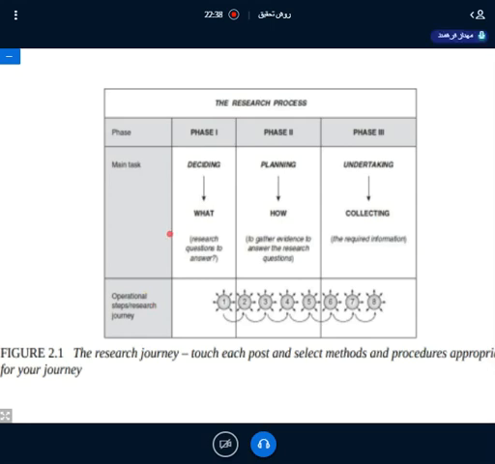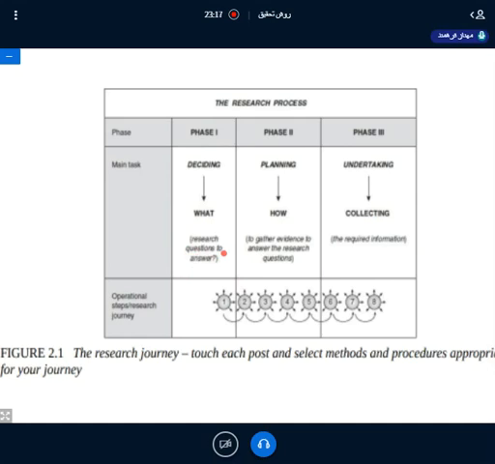The main task: deciding what. So in the deciding phase, we must study what we are going to study. Research questions to answer. What we are going to study.